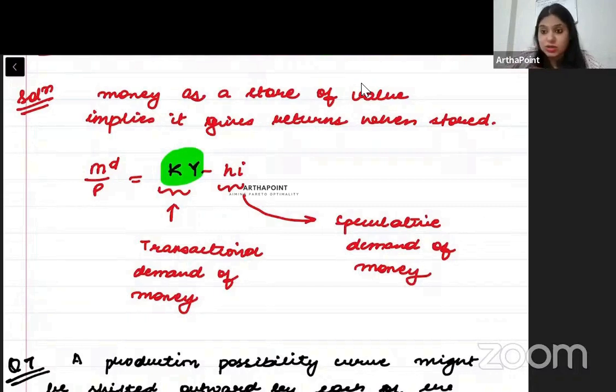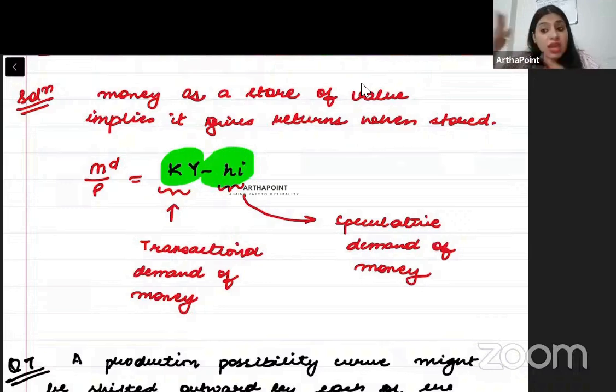This is all transactional demand. But this part is my speculative demand of money. That means I think that money also can give me some return, and because I associate money with return, I want to have some demand of money related to return, right?